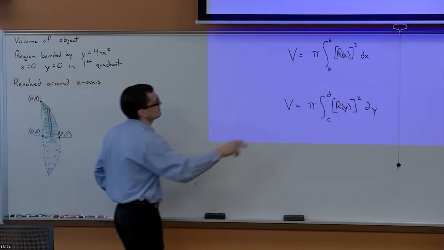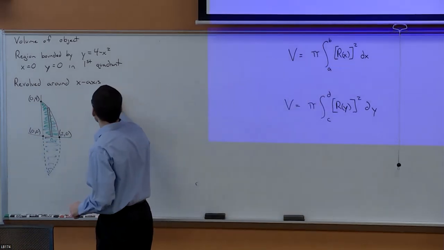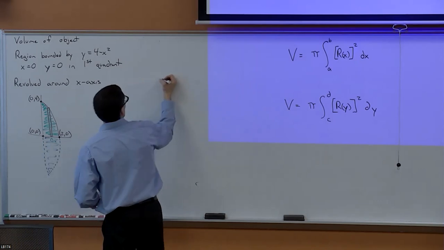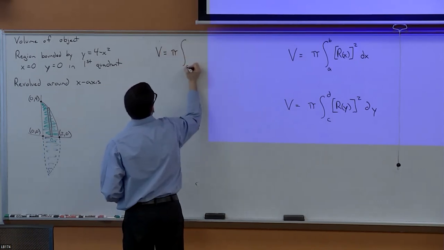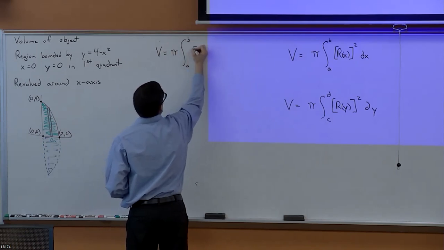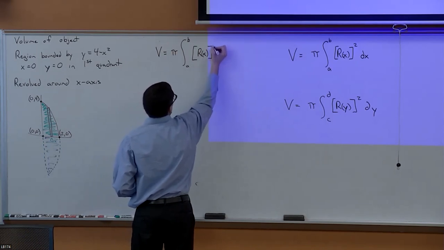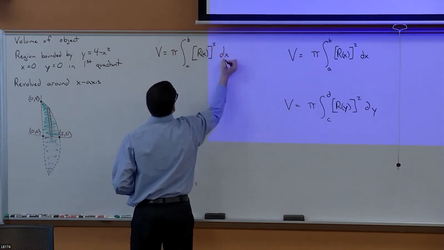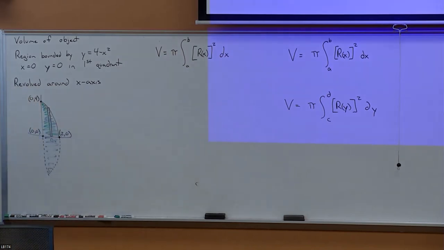Now I turn to my volume formula. I know that the volume right here is going to be pi, a to b, some function that gives me my radius squared integrated with respect to x. I know that because it's a horizontal axis of revolution.